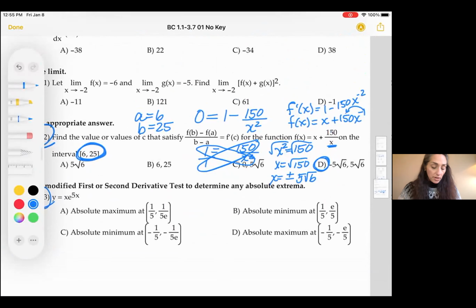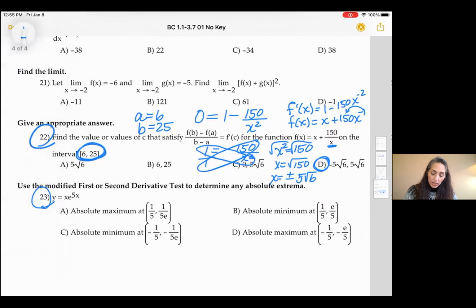Last one, right? 23. Okay, so 23, we can use the first or second derivative test to determine any absolute extrema. So I'm just going to go with the first derivative test. If we take the derivative, this is a product. You've got x and you have e to the 5x.